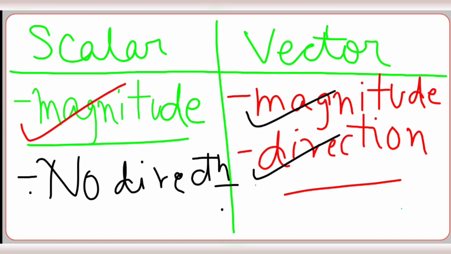A scalar quantity can be described completely by its magnitude only. The addition, subtraction, division or multiplication of scalar quantities can be done according to the ordinary rules of algebra. A vector quantity should have a specified direction and a magnitude.